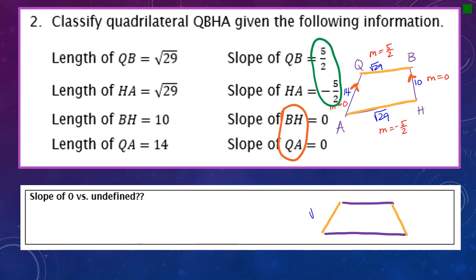So these are the square root of 29, square root of 29. This was 10 and 14. And then I know that these two are parallel. So now that you see this picture, I think it's a little more obvious that it has to be a trapezoid. And specifically, it's actually an isosceles trapezoid because these two legs here are the same distance. They're congruent. So my final answer here is isosceles trapezoid.